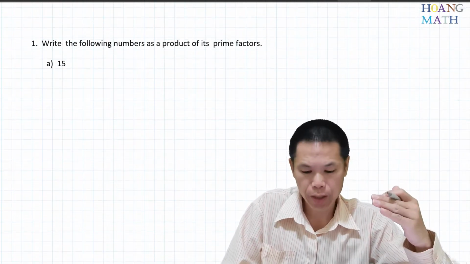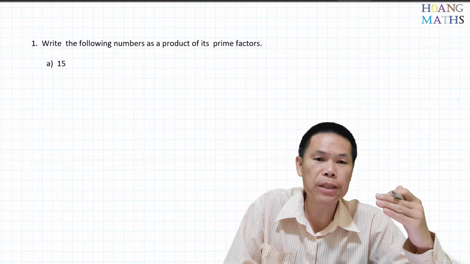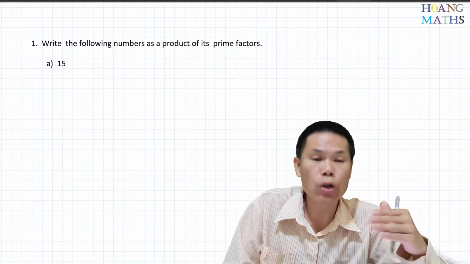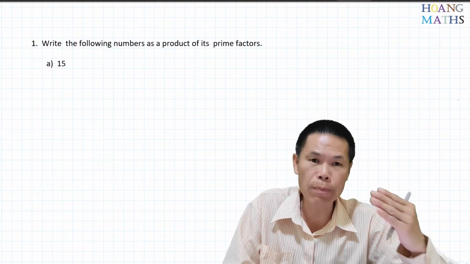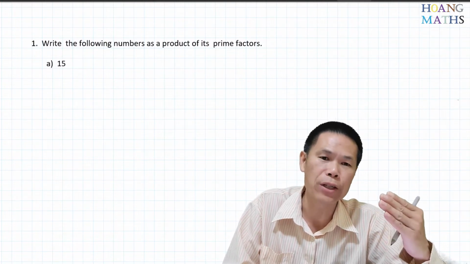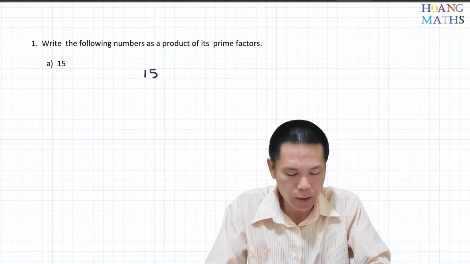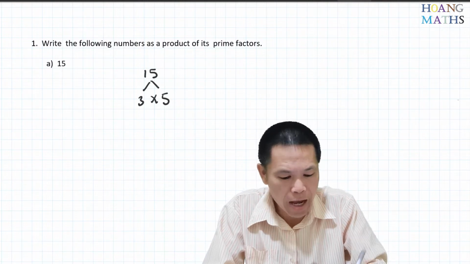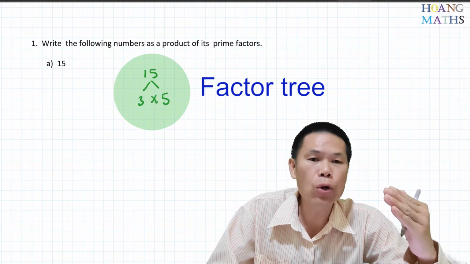Part A, 15. We know 15 is a composite number because 15 is 3 times 5. To express 15 as a product of prime numbers, step number 1, we draw a factor tree first. So I write here, 15 is equal to 3 times 5. Then 3 is a prime number and 5 is also a prime number.